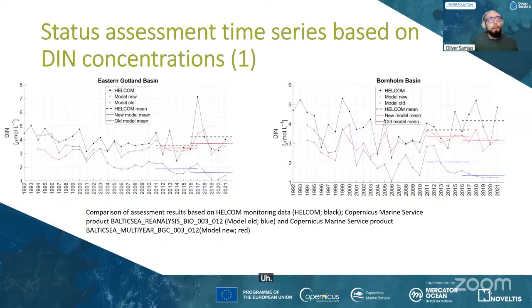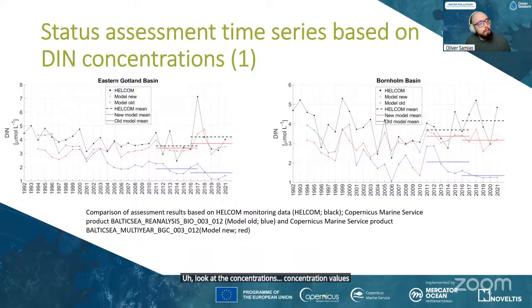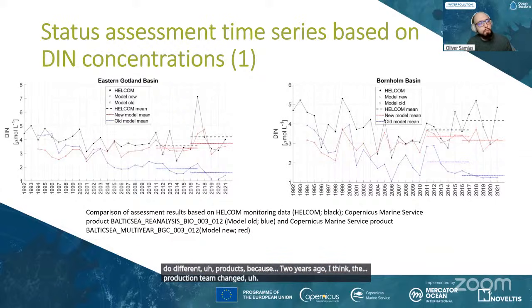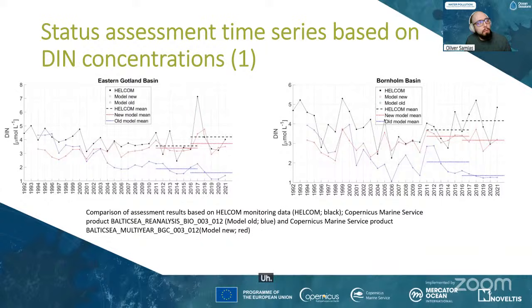But now, when we actually look at the concentration values or the indicator values at the end, we also were able to do a comparison with 2 different products, because 2 years ago, I think the production team changed in the Copernicus behind the reanalysis, and we used both of them.